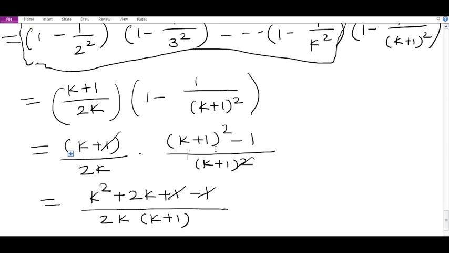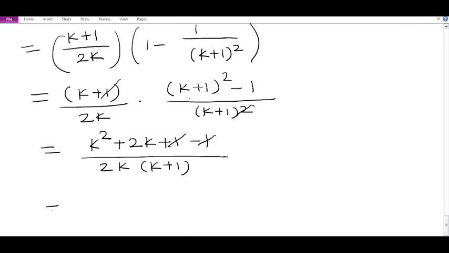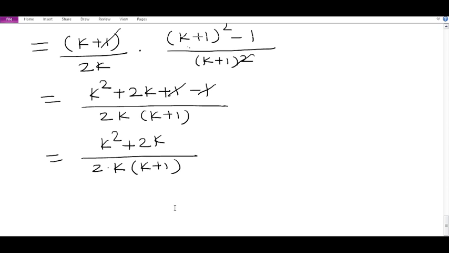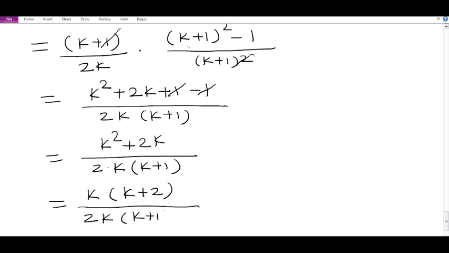We simplify the square term, so this is equal to k square plus twice k divided by 2 times k into k plus 1. Now if you take k outside from the numerator we get k plus 2 divided by 2 times k into k plus 1.